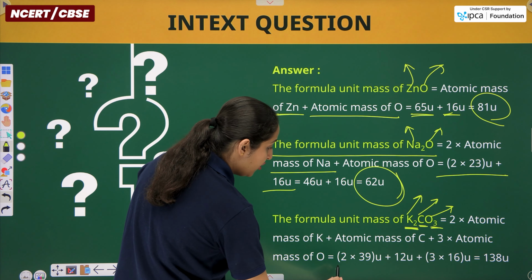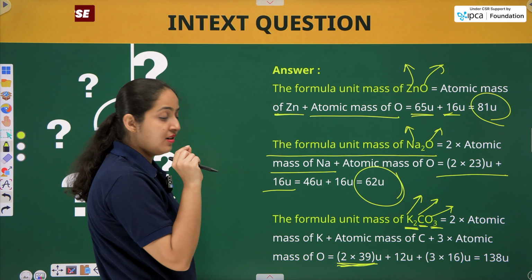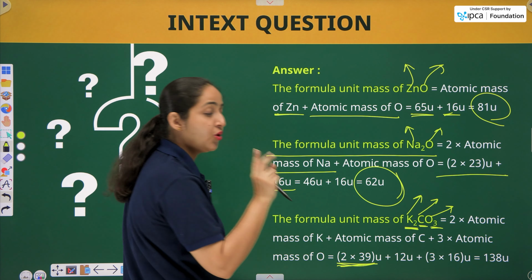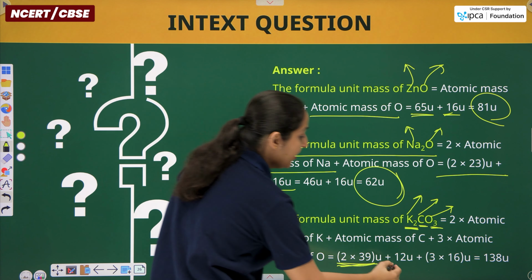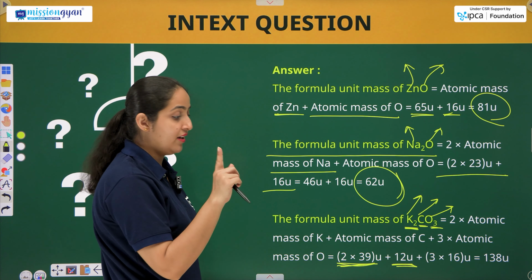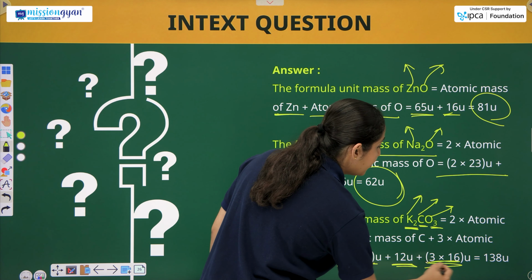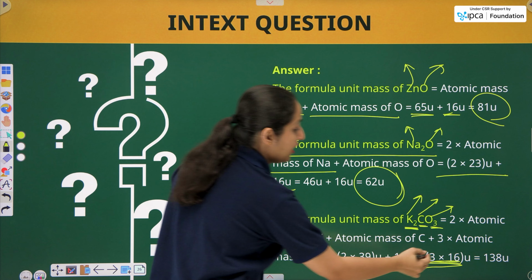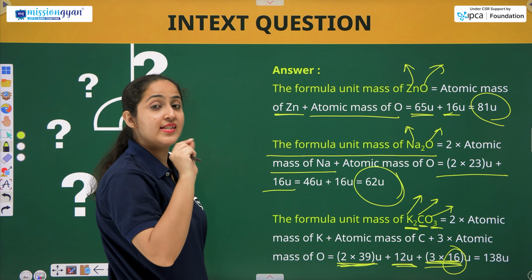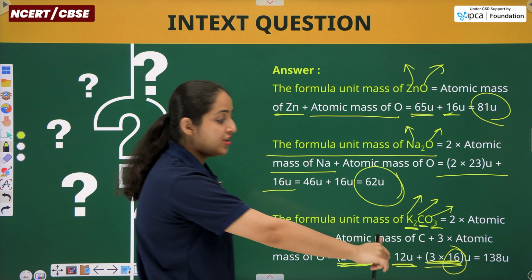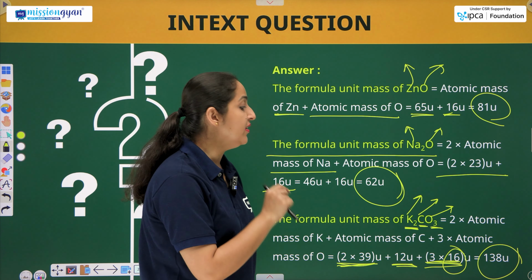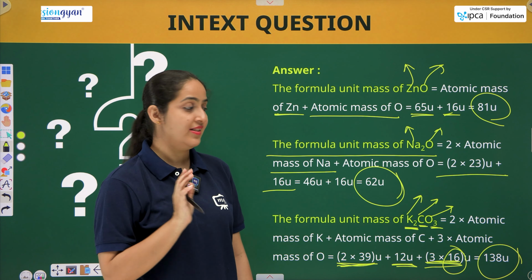That is 2 into 39, this is the atomic mass of potassium, and 2 atoms of potassium are here. One carbon is here, that is 12U. Added to 3 atoms of oxygen multiplied by its atomic mass. तो oxygen का जो atomic mass है वो कितना है? 16. So when you add all these, you will get the formula unit mass as 138U. Is that clear, students?